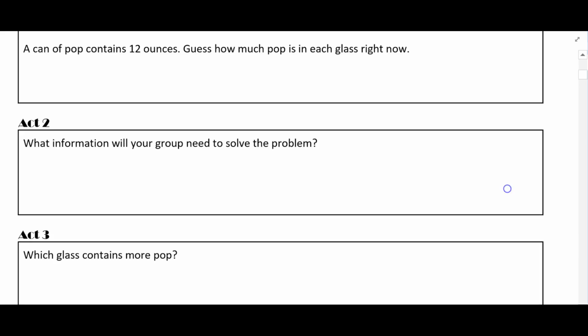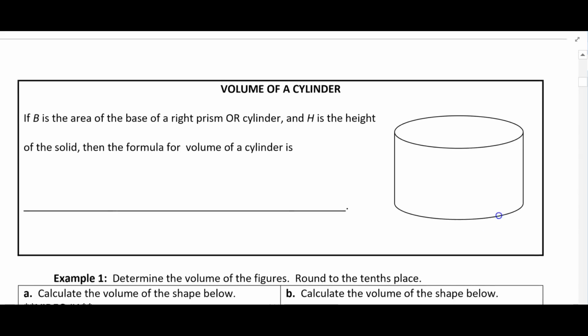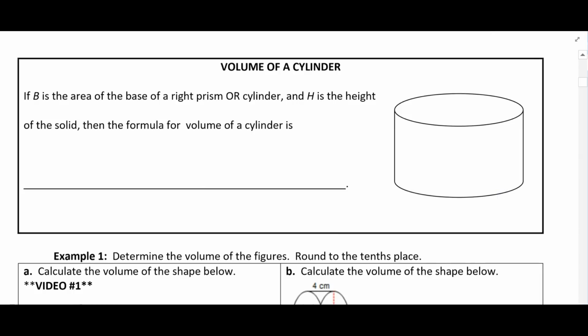All right, so let's skip this page here and move down to the volume of a cylinder. So again, if B is the area of the base of a right prism or cylinder, okay, so again, B is the area of the base, and we can see here that the base is a circle.